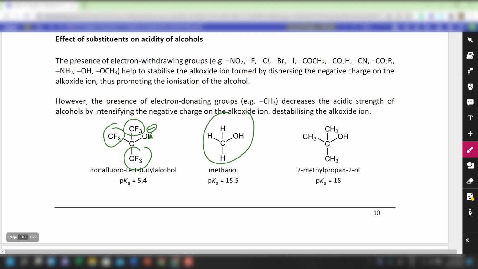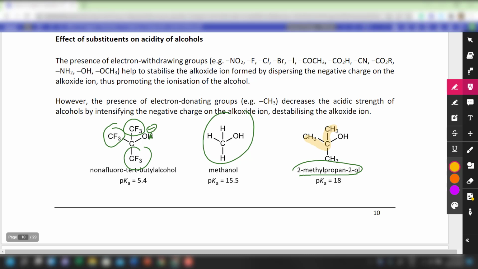Okay, then for 2-methylpropan-2-ol, does it mean that because I have a bigger alkyl group, it is a stronger electron-donating group? So the answer is no, it is not a stronger electron-donating group in that sense. When you compare the pKa's, it has to do with the extent of stabilization of the conjugate base in the alcohol medium.